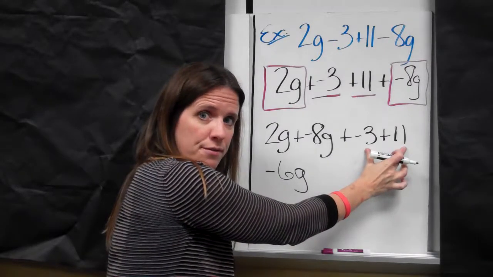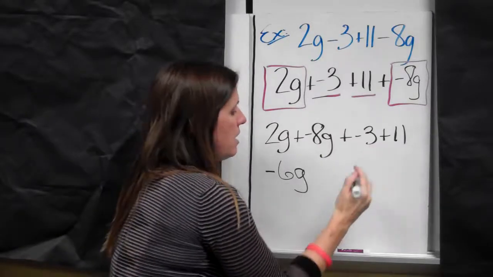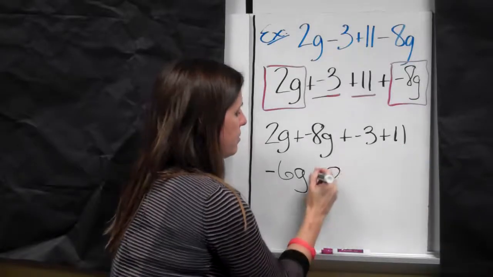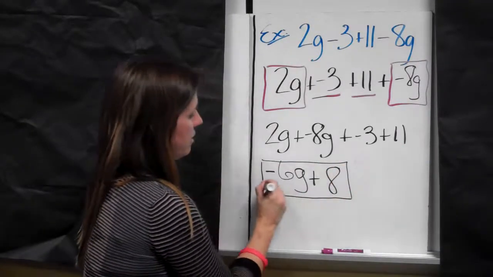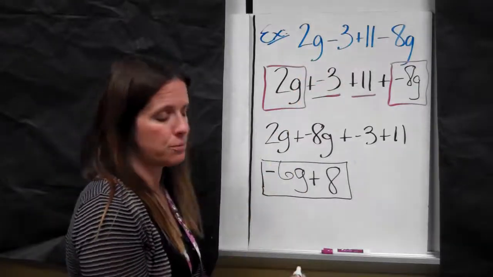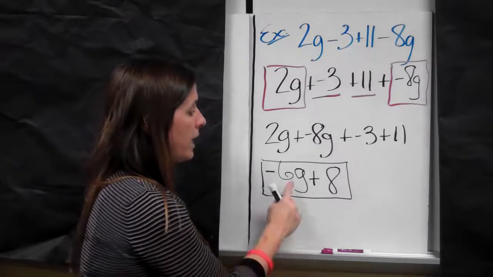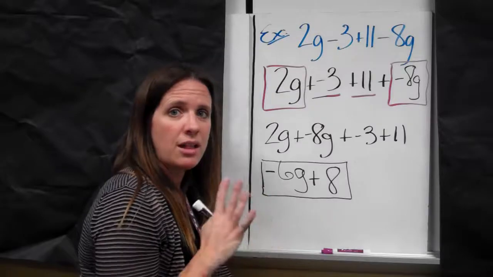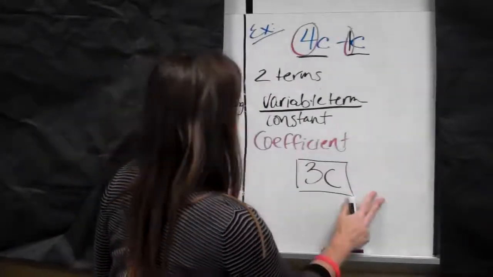Again, you have one of each, so you're going to have to subtract them. 11 minus 3 is 8. And you keep the sign of the larger absolute value, which would be 11, so it's positive. Negative 6g plus 8. Again, 4 terms went to 2 terms. It's not always going to happen that way, but it did in these 2 problems. We can't combine the g term with the constant because they're not like terms. So this is it.